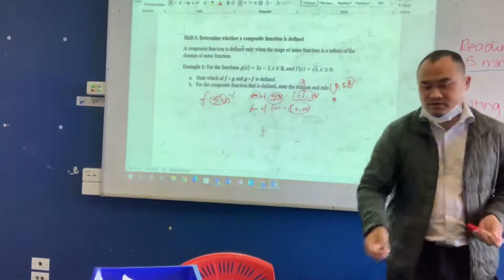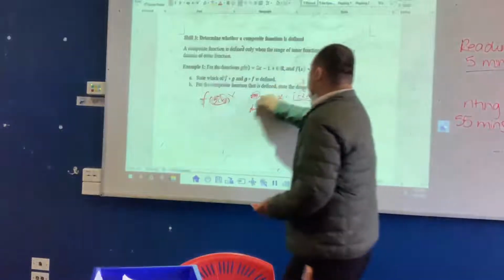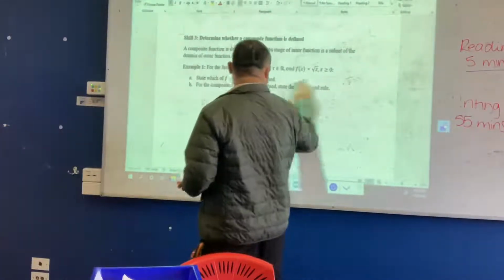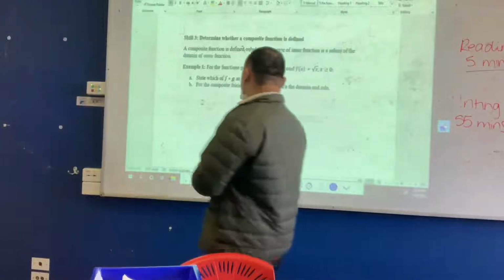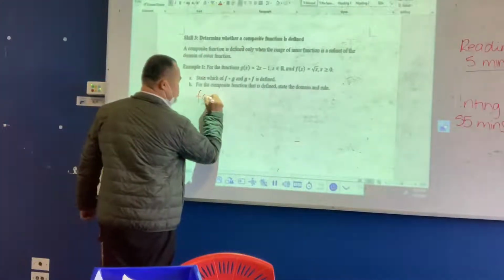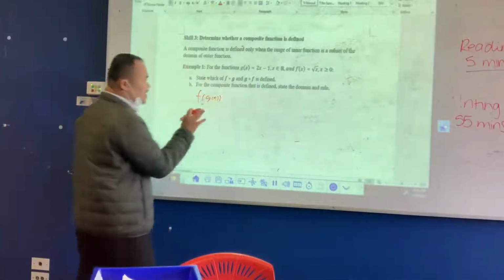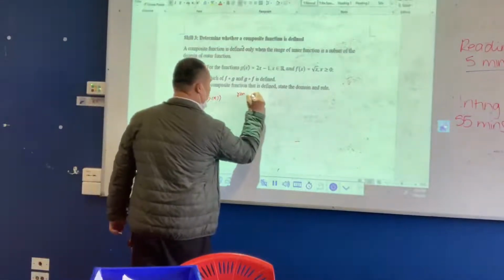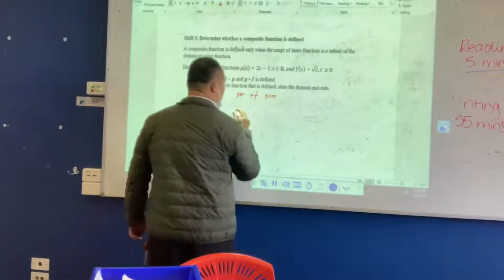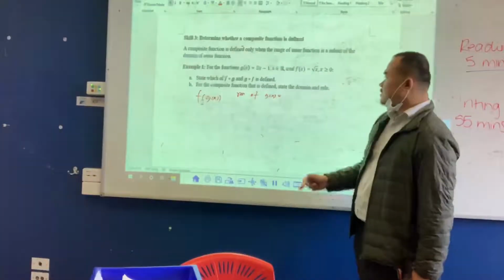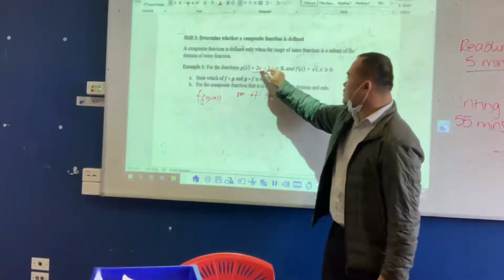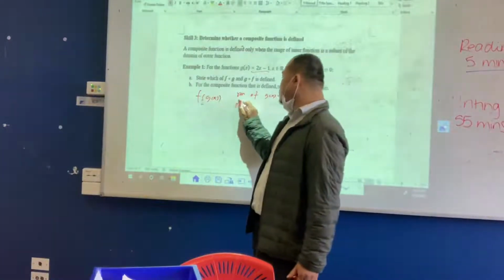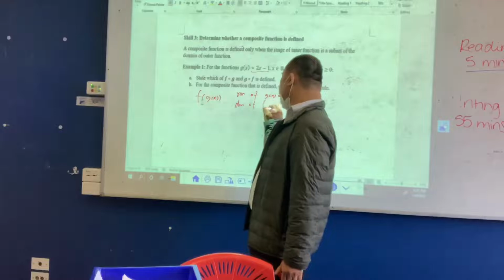Okay. Then let's have a go on the questions. So now let's try to see f with g, whether it's defined or not. So f(g(x)). Basically, we want to know the range of g(x). What's the range of g(x)? The range is R. Very good. And then we look at the domain of f(x).